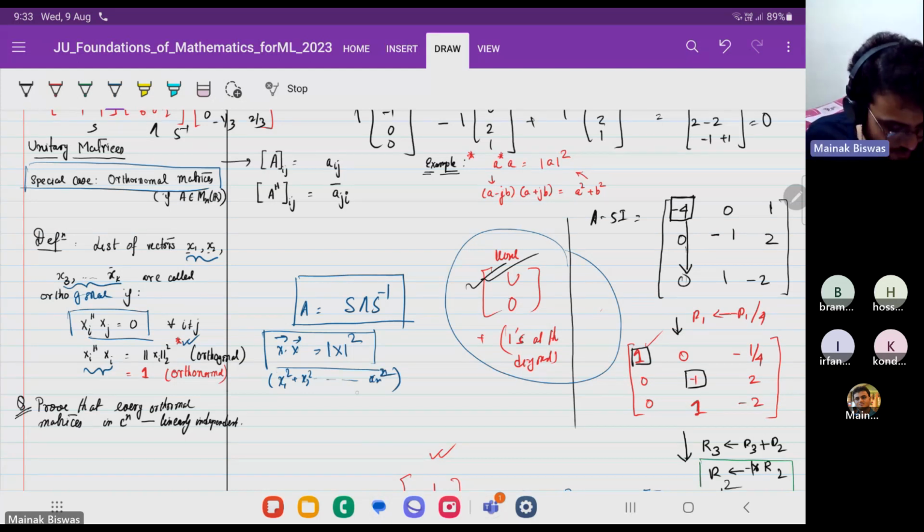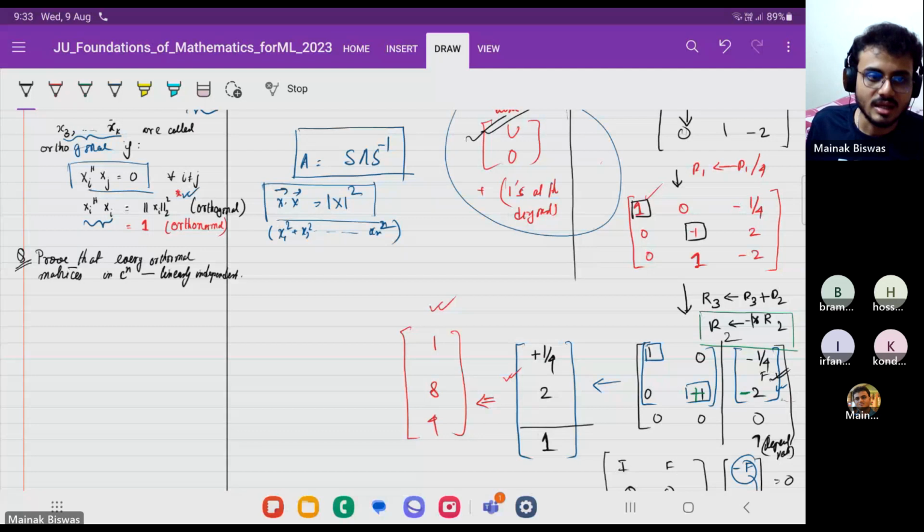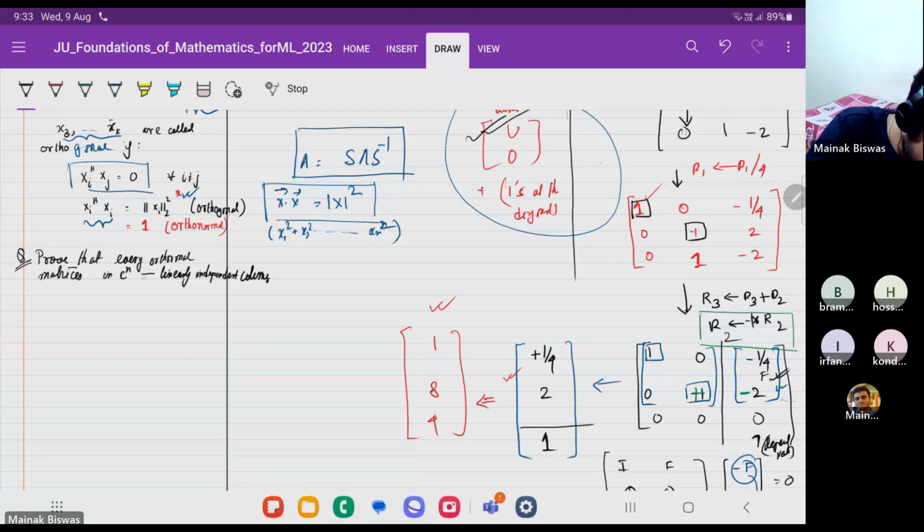So next question: since there's no question, we have understood what orthogonal matrices are. Now I have to prove that every orthogonal matrix in Cn has linearly independent columns. How do I prove it?